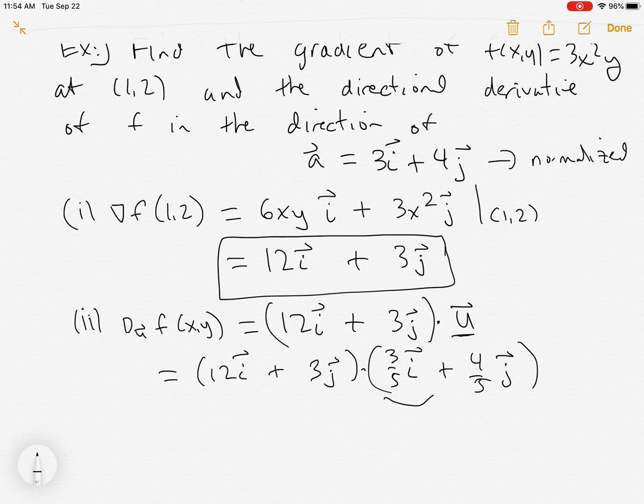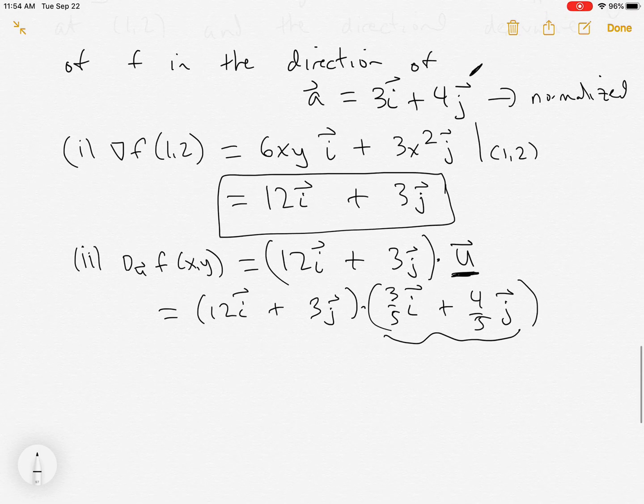When it comes time for a quiz or a test, instead of finding u, which just means normalizing the vector you're given, people plug in the vector they're given. And then if you have to do anything else afterwards, all your computations fall to pieces. So just remember, take a second. I normally put a little reminder on quizzes: if you're going to compute a directional derivative, make sure you unitize your vector.